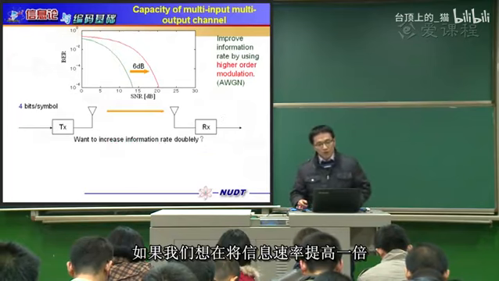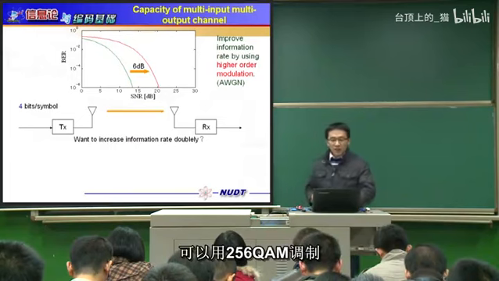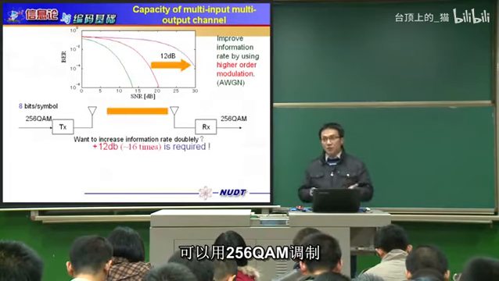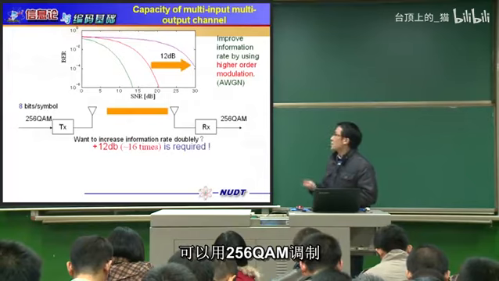If we want to increase information rate double again, it's also easy to consider. We can use 64-QAM modulation. Okay?